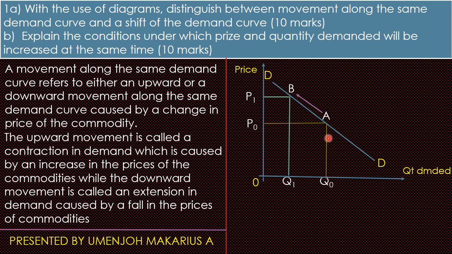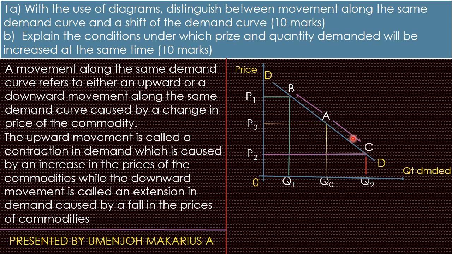Good. And guys, likewise, when the price reduced from P0 to let's say P2, there's a downward movement from A to C, and the quantity demanded likewise increased from Q0 to Q1.